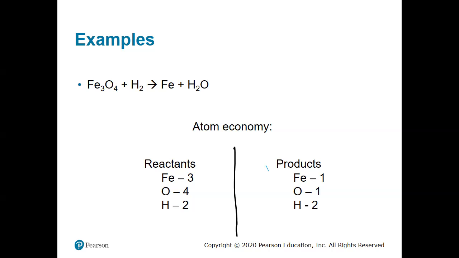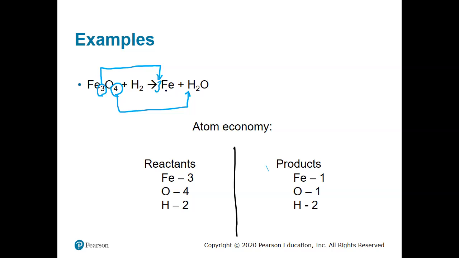Now here's where we take those tips and tricks with us. Remember, one of those tips was about multiple subscripted compounds. Well, this would qualify as a multiple subscript compound. I've got in the iron compound, in the reactants, 3 irons and 4 oxygens. That's where I'm going to start. And what we do, that subscript is going to come over and become the coefficient in front of the compound that contains that element.